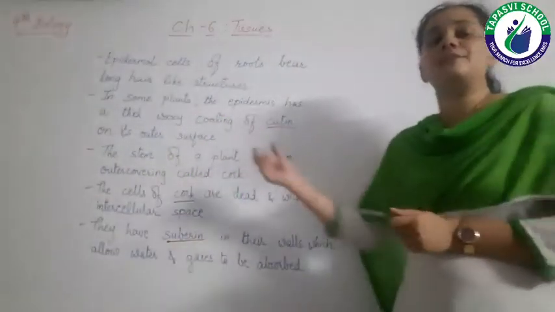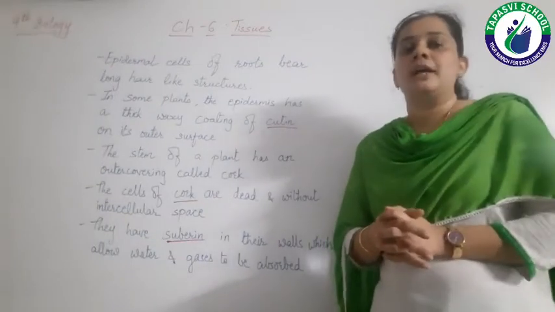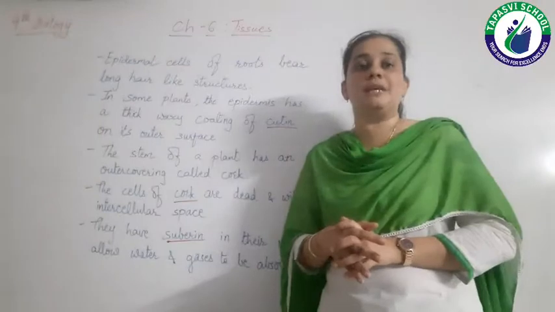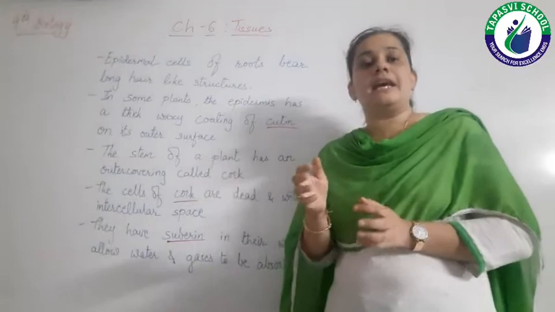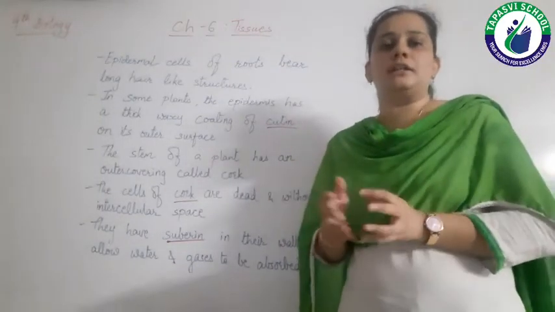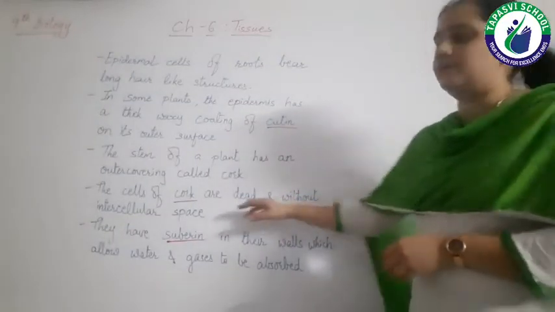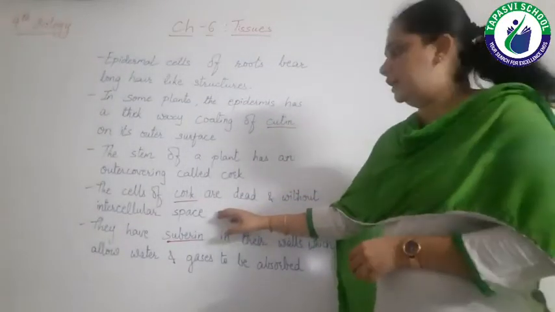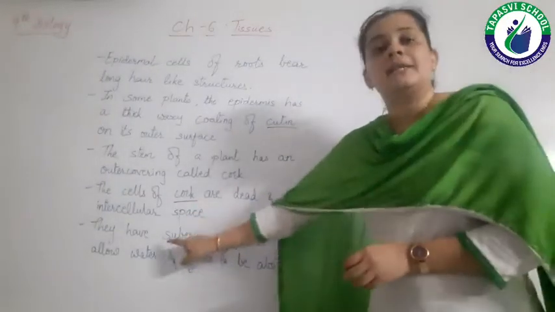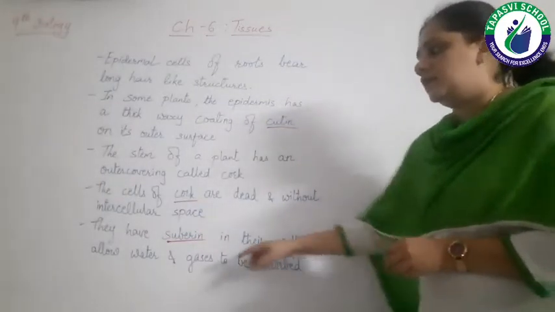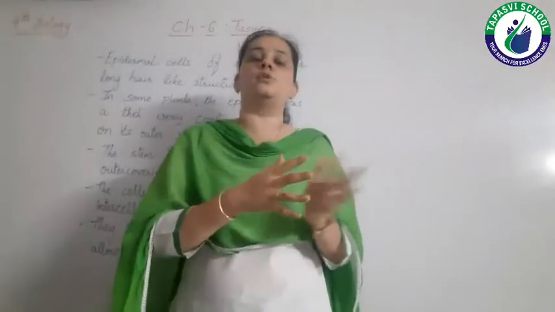The cells of this cork are dead, and between the cells of cork there is no intercellular space, which means the cells are arranged very tightly, one after another very closely, right? So the cells of cork are dead and without any intercellular space. They have a chemical substance known as suberin in their walls, which allows water and gases to come inside and go outside.